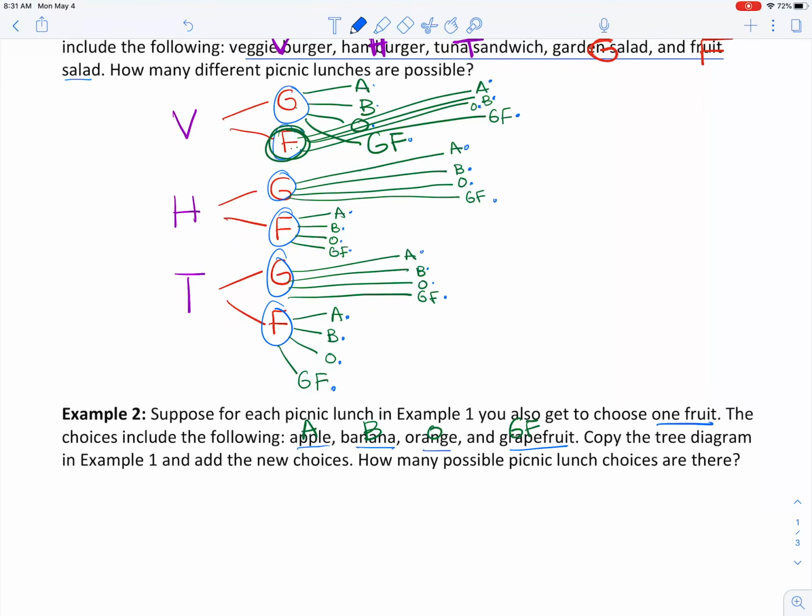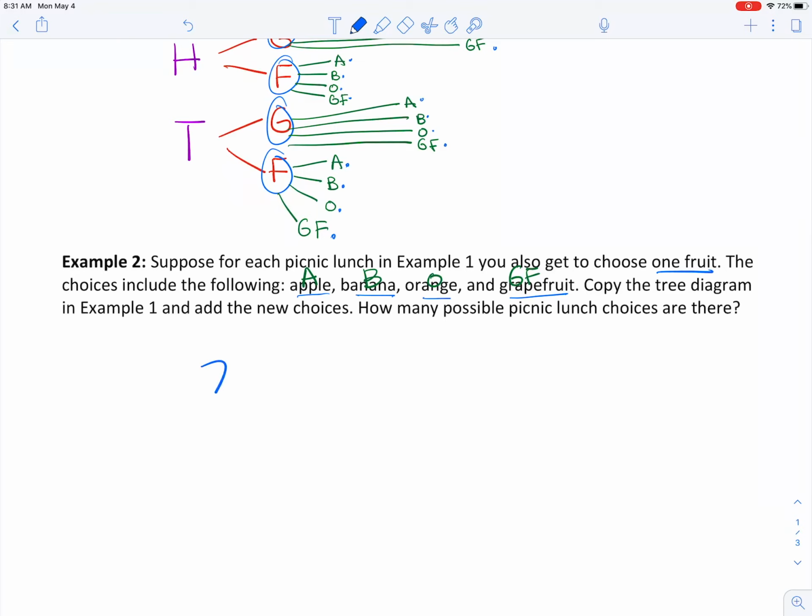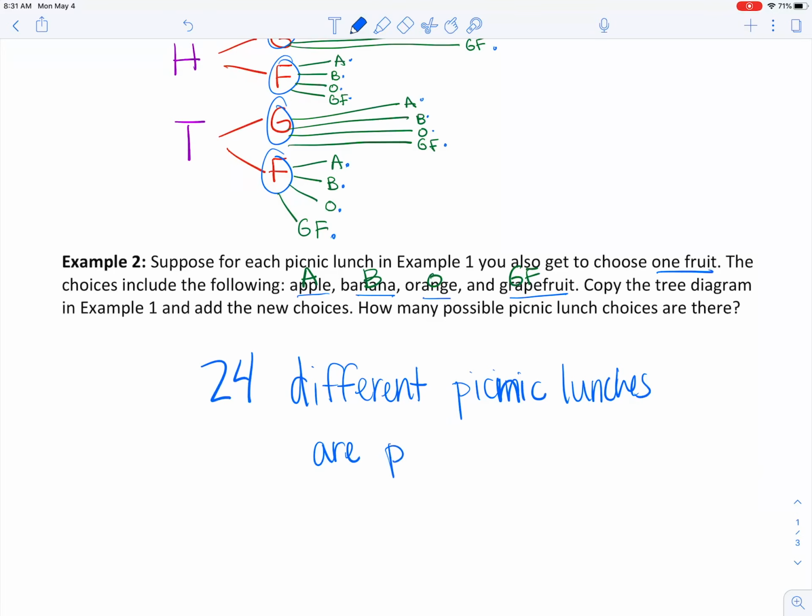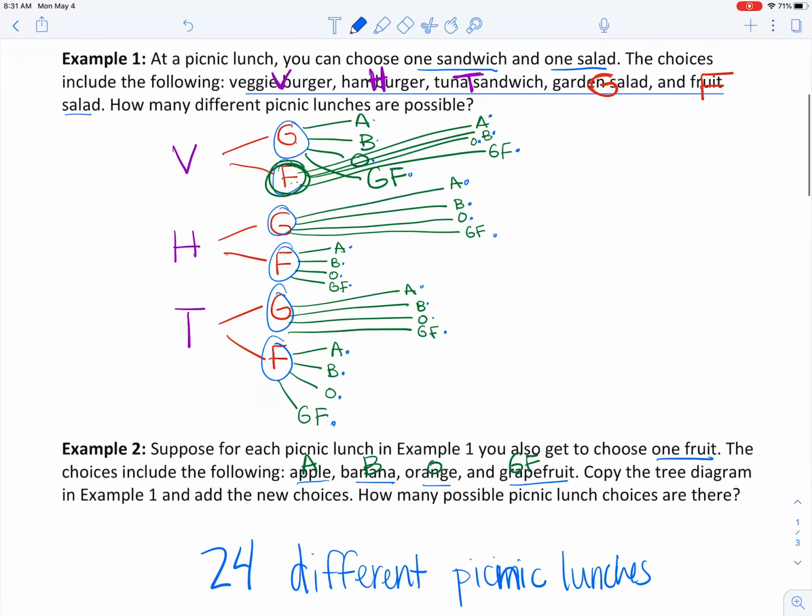So I am sorry about that. Originally I should have made myself more space. So if I add on those 4 possibilities to my already 20, I have 24 different picnic lunches possible.